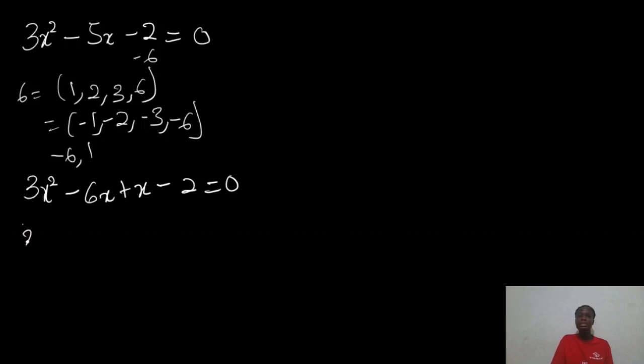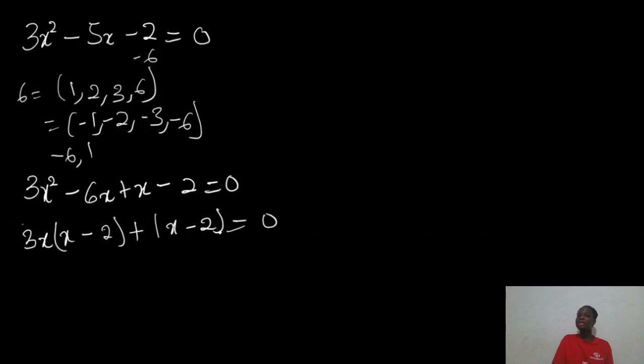Now if we factor 3x out, we are left with x minus 2. Then for the next two terms, the common factor is 1, which we don't write, so we are still left with x minus 2.